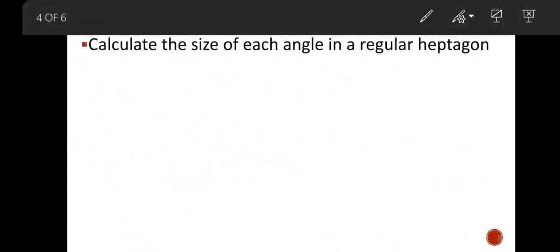Now the question says, calculate the size of each angle in a regular heptagon. A heptagon is a polygon with 7 sides.